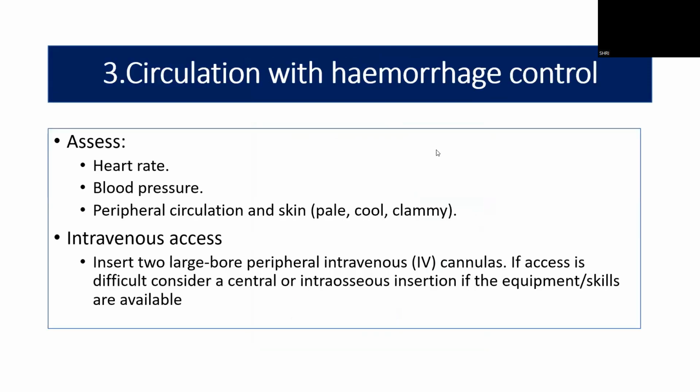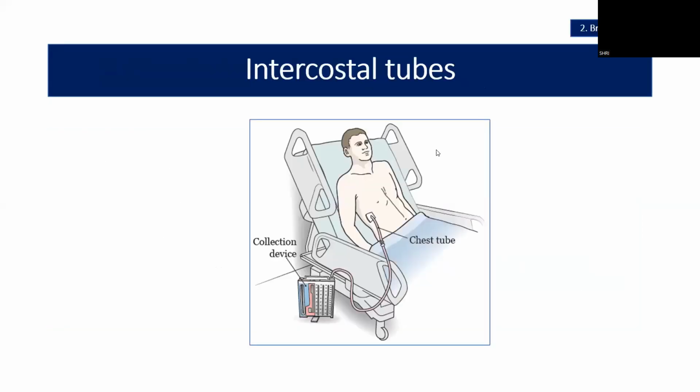Okay, because needle thoracentesis takes significant time. If you do a finger thoracostomy and insertion of an intercostal tube, you can release that tension suddenly. Okay, please make sure to adhere to that.